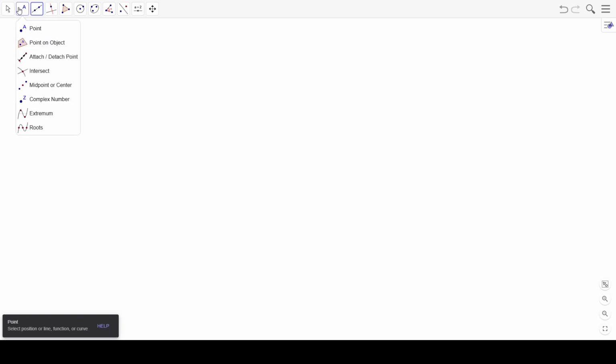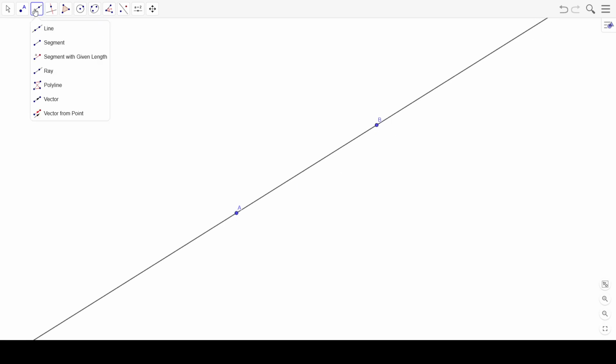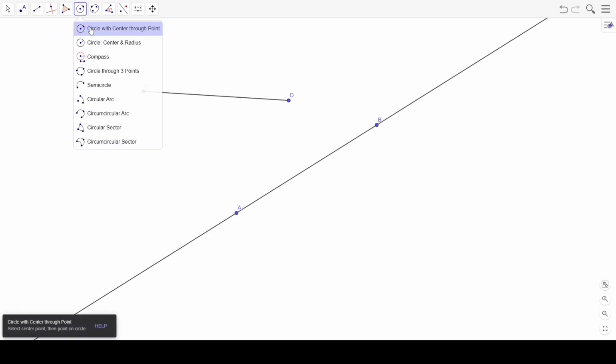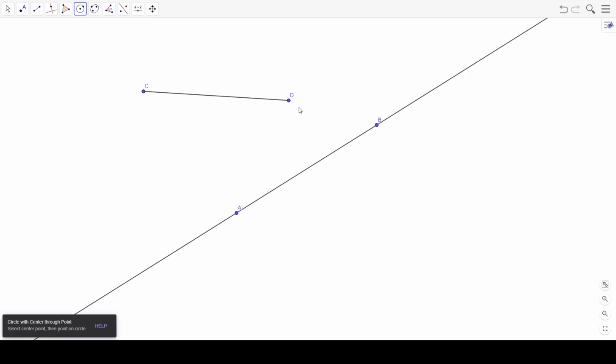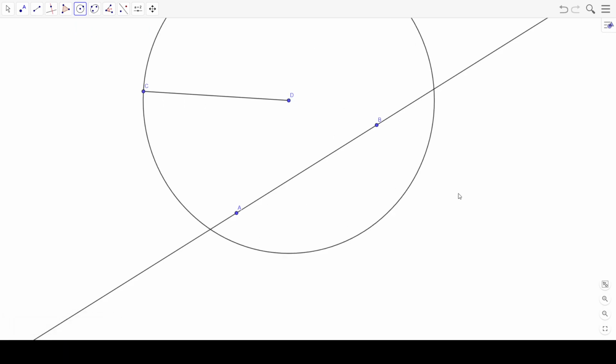So the only things we'll be allowed to do at the start are create points. We can draw lines, so we can draw a line connecting these 2 points. Drawing lines is done using the straight edge. And then the other thing we can do is the circle with center through point. This is done using our compass, so we can make circles if we want.